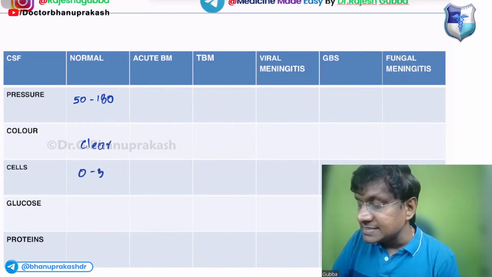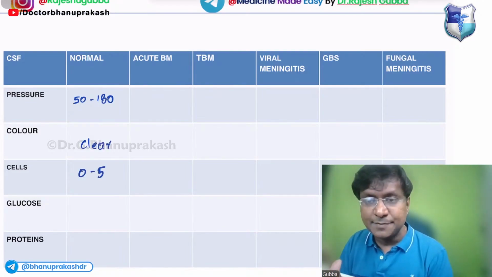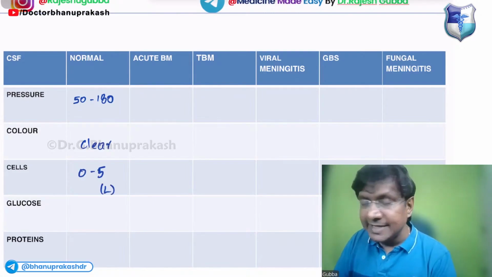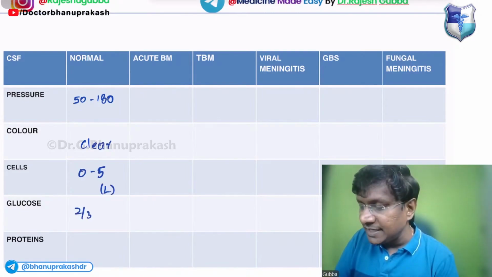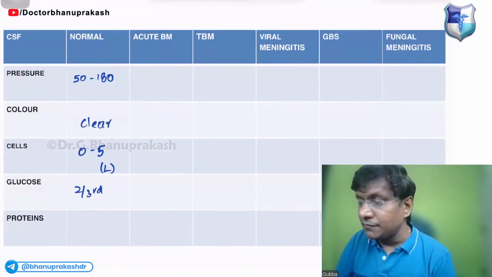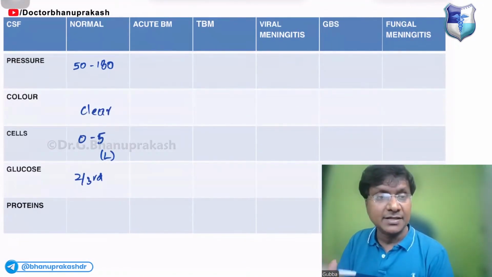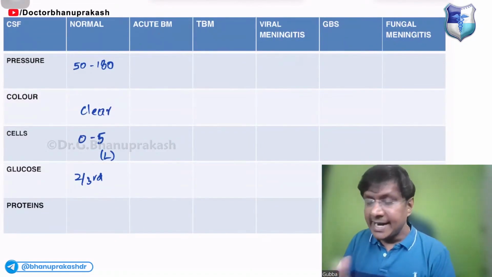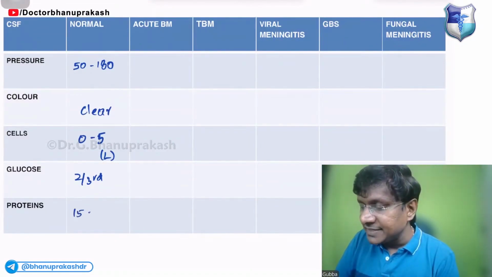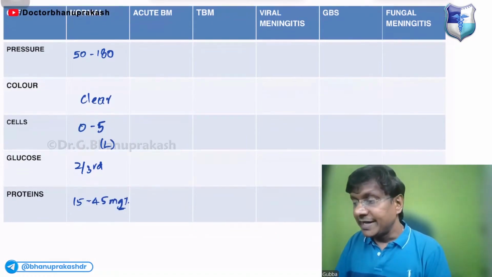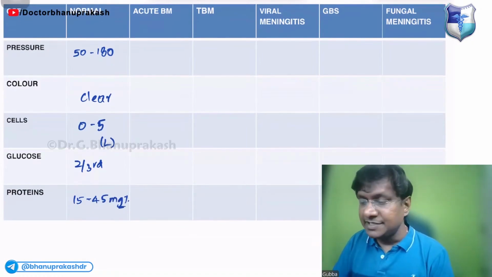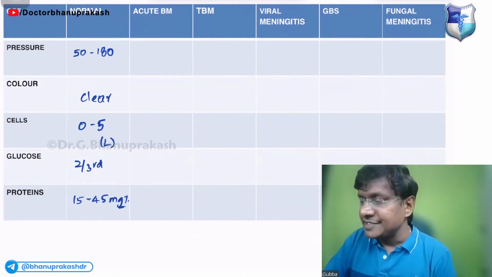The number of cells will be 0 to 5 cells per cubic millimeter, and that too are lymphocytes more than neutrophils. As for sugar, the glucose in the CSF is about 2/3 of the blood glucose. And how much will be the protein in the CSF? That is 15 to 45 milligrams percent. Whereas in all the forms of meningitis, including bacterial meningitis, the CSF pressure will be elevated.